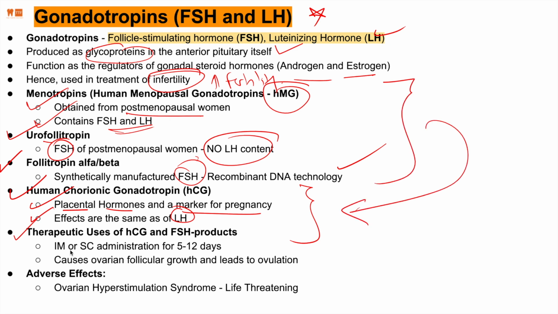What is the therapeutic use? You give it by IM or SC administration for up to 5 to 12 days, and it leads to ovarian follicular growth. And of course, then it will lead to ovulation, hence fertility treated. Adverse effects, ovarian hyperstimulation syndrome, and that can be life-threatening, guys. So dose modulation is very, very important.